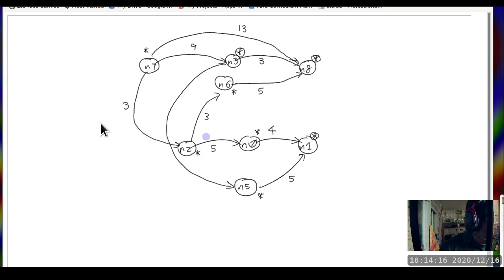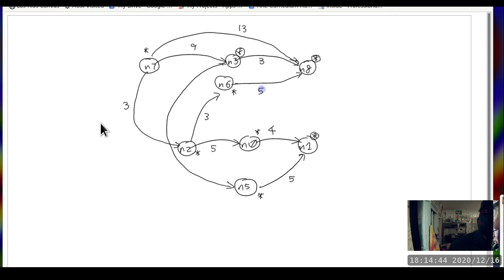So the first path that we find from N2 to a destination is N2 to N6 and then to N8, and it has a cost of 8. Okay, so I think we might run into a problem because we are supposed to find a shorter path from N2 to N0 to N1, but we'll see.